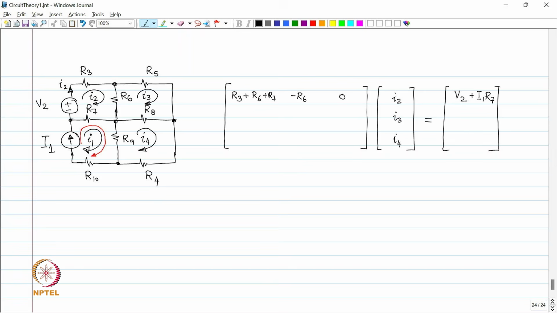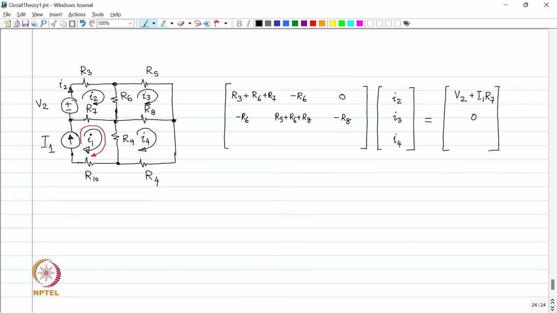Nothing changes, it is the same old. Okay, nothing changes with I3.